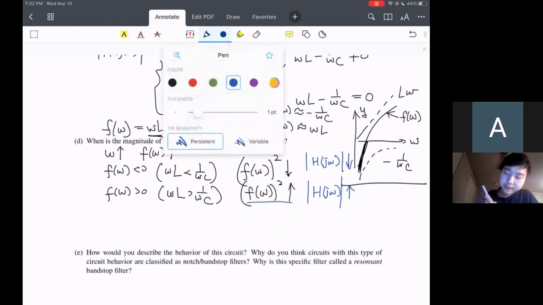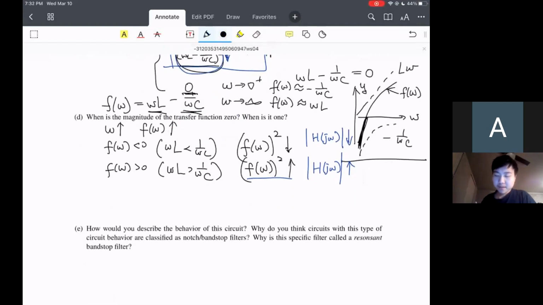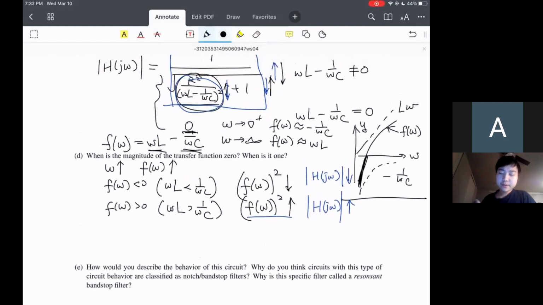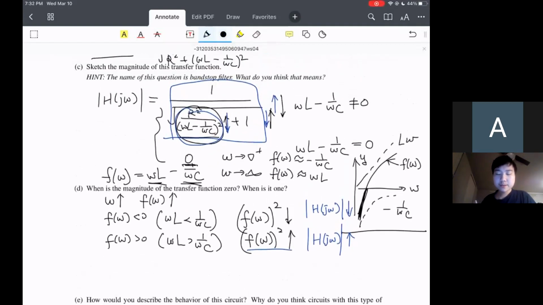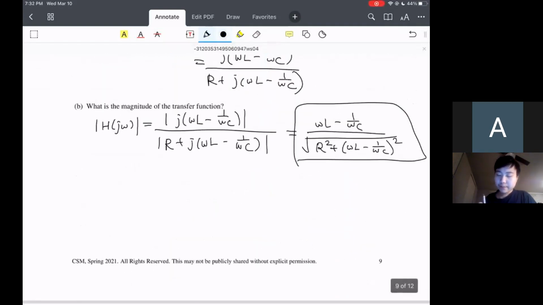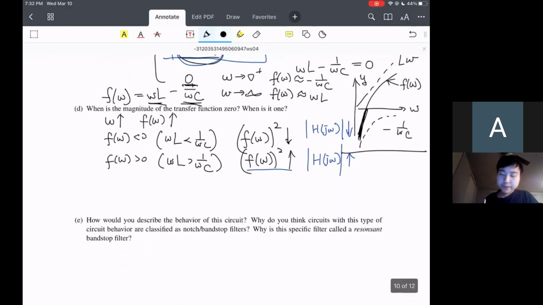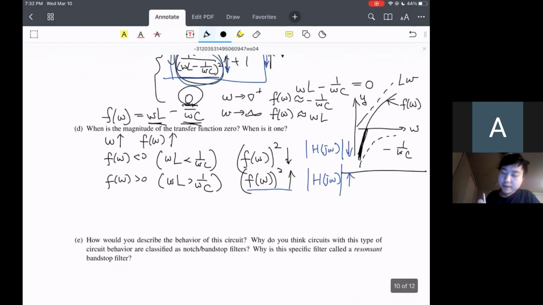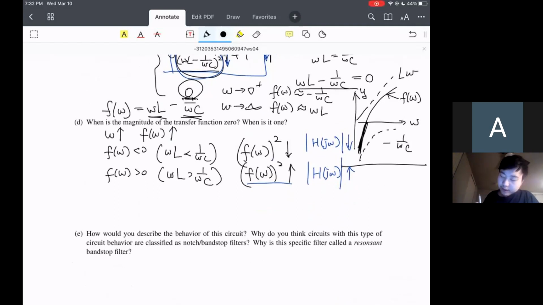So then we draw its diagram. We know it is a continuous function from part B, where we wrote it as a fraction of two continuous functions, so it must be continuous. And we know it takes the value 0 at a certain point where omega L is equal to 1 over omega C. So we're going to draw the diagram over here.